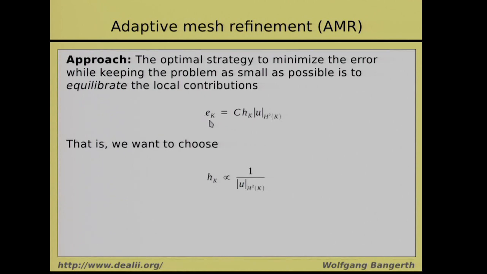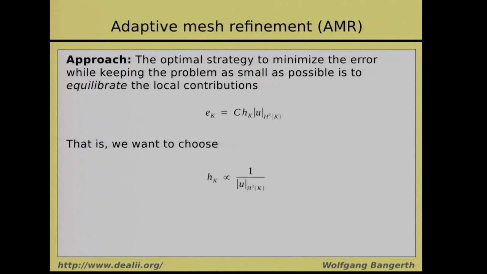So equilibration means that I want to choose my mesh size in such a way that the error indicators or the error estimates on every cell have the same size. That turns out to be the optimal strategy to minimize the error while keeping the problem as small as possible.